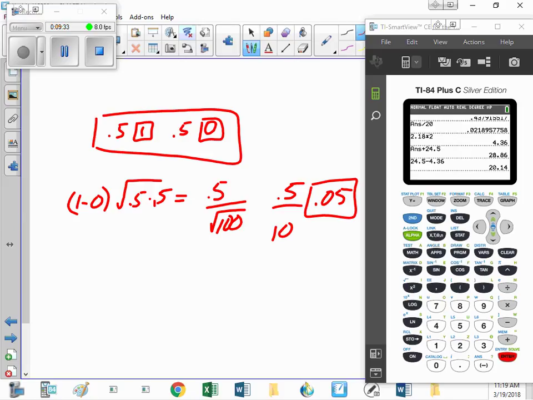Wait, read that again. Oh, okay. So it's 50% plus or minus 5%, right? That's what we expect to happen. But is that 5% saying that this number is incorrect within 5%?